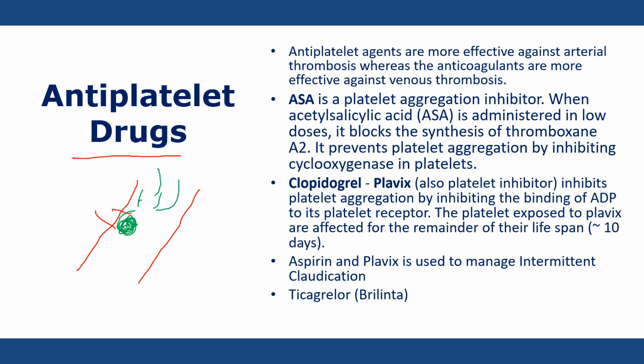So I mentioned that platelets have a natural affinity towards injured blood vessel. So we can say that antiplatelet agents such as aspirin and Plavix will prevent the aggregation. They will prevent the blood clot, if you will, formation of the clot, right?